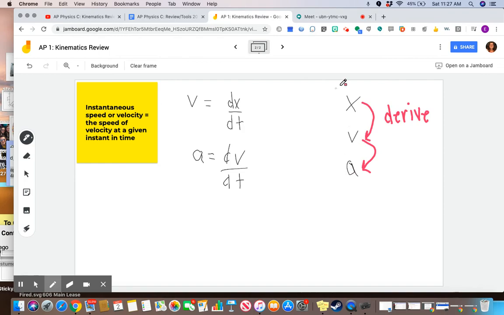If we want to go in the opposite order, so we have an acceleration function or value and we want the velocity function, we integrate. So to go down the row, we derive. To go up the row, we integrate.